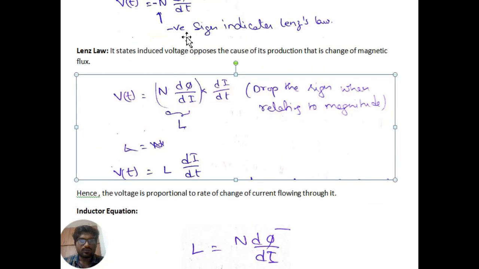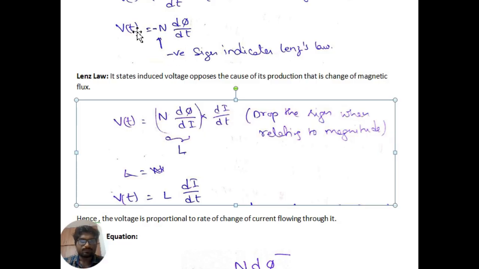From the above equation, V is equal to N d phi by dt. We can divide and multiply by di. So it can be split like this, and the term here is inductance.